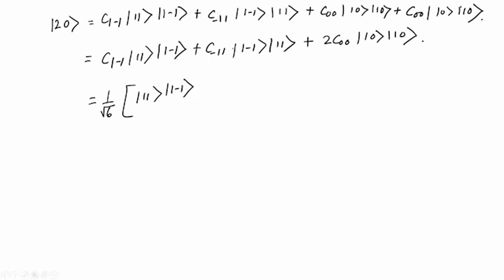And so, I hope this is clear, because there are 2 combinations which are given, that is why this is written twice. Okay. And so, this is again 1 by root 6, so it is |1 -1⟩|1 1⟩ plus 2 by root 6, so it is 2 and then |1 0⟩|1 0⟩ and so on. Okay. So, this is the way to find it.